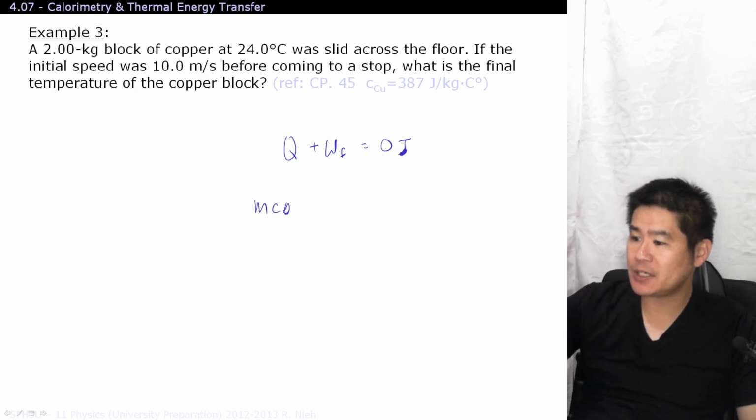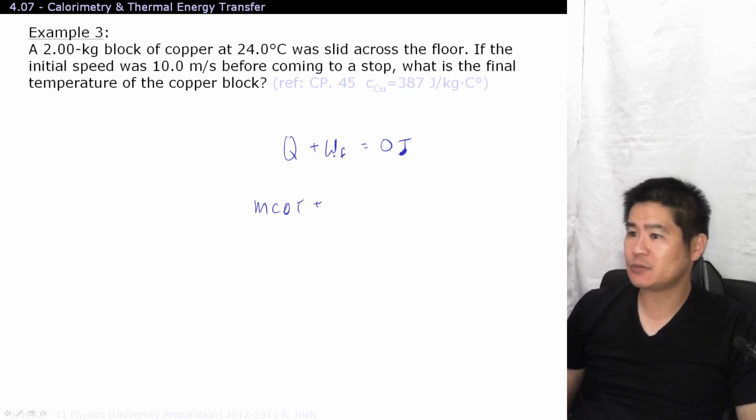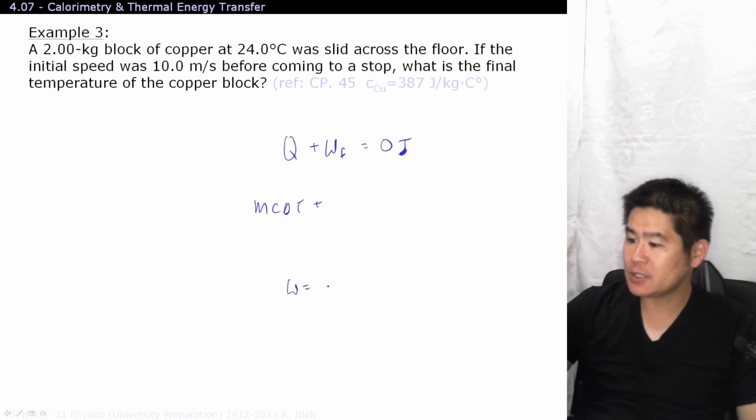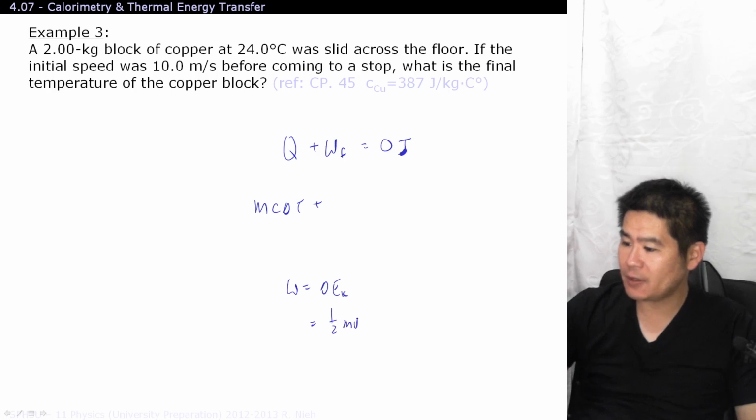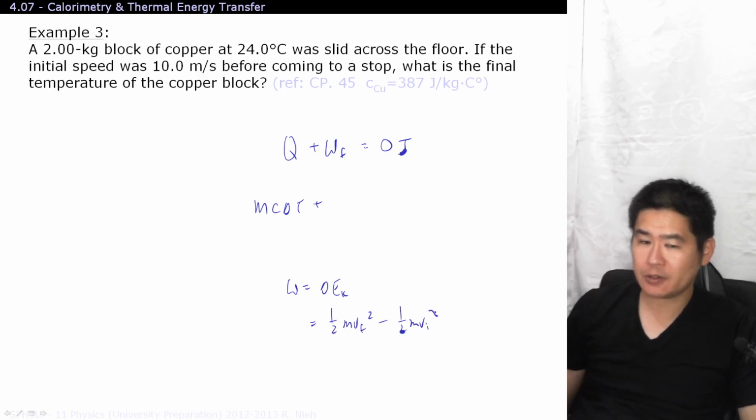So Q is equal to mc delta T. And the work due to friction is equal to, I suppose in this case over here, work is equal to delta EK, which is equal to 1/2 mvf squared minus 1/2 mvi squared.